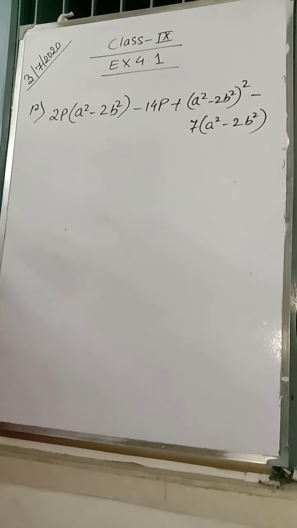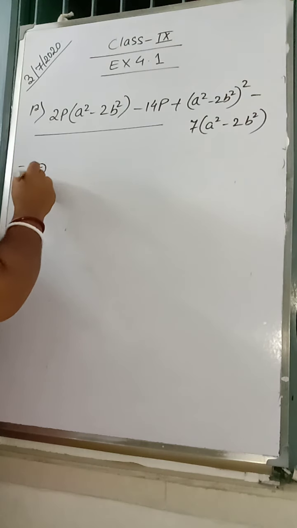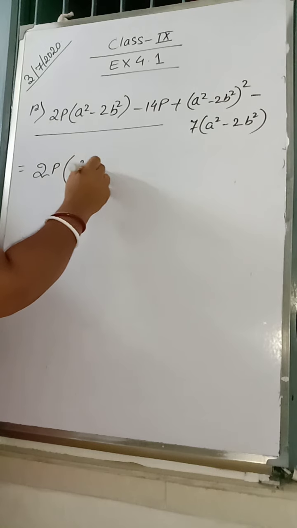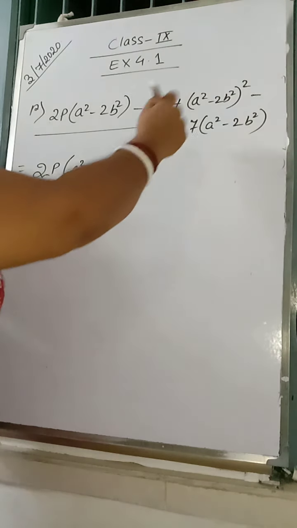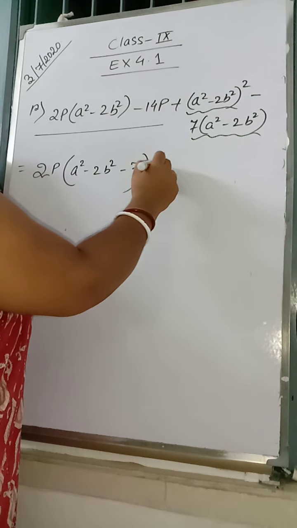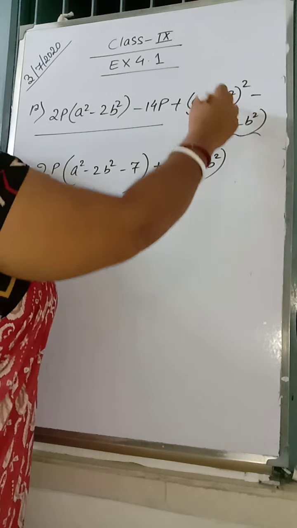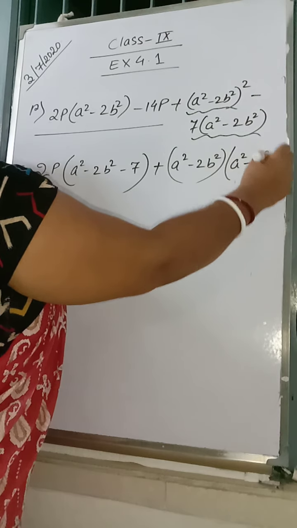Now from here, from this 2, I am taking 2p common, so I am left with a square minus 2b square minus 7. And from this 2, I am taking plus a square minus 2b square common, so I am left with a square minus 2b square minus 7.